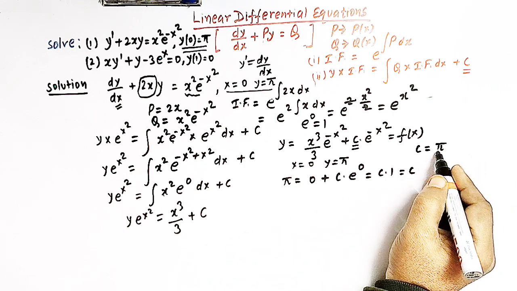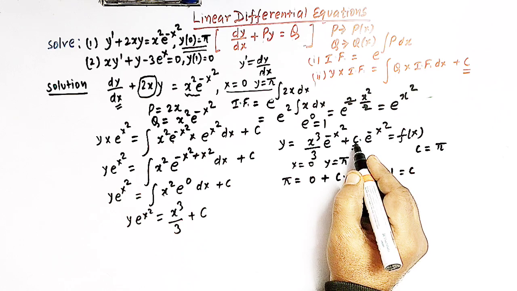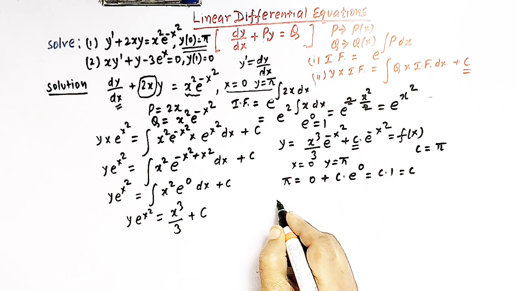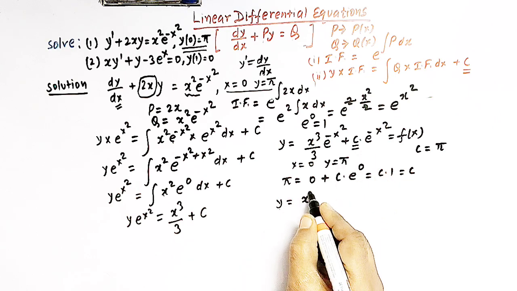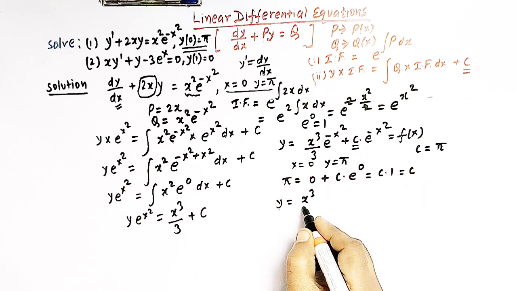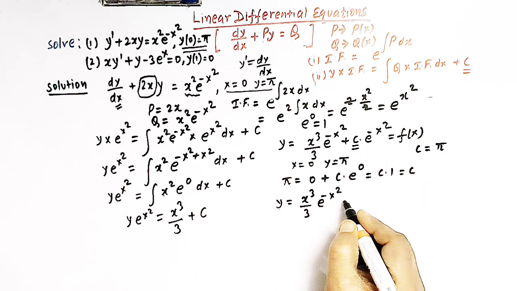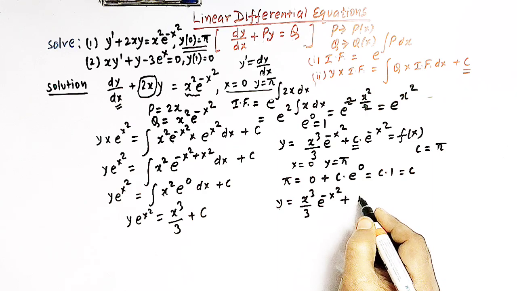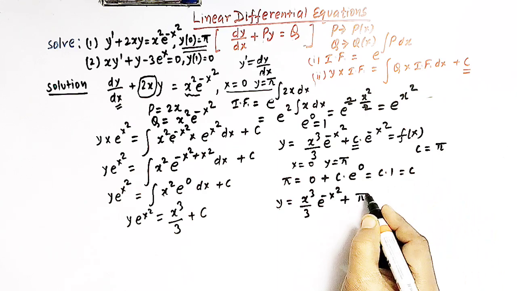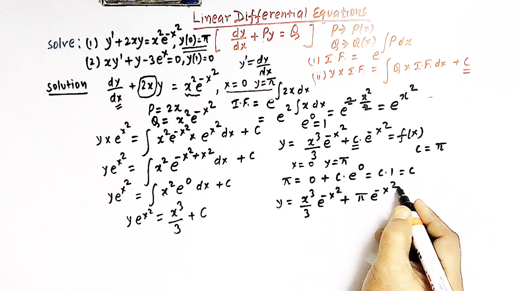Now substituting c is equal to pi in the general solution, we can obtain the particular solution. So the particular solution is x cube over 3 times e raised to minus x square plus pi times e raised to minus x square.